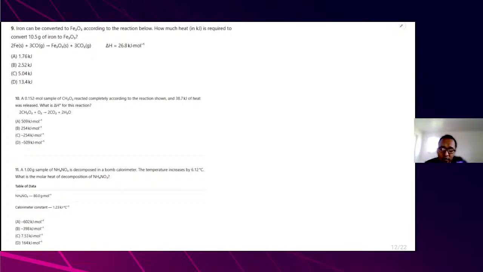Now we use the moles equation and other things from the balanced equation: 2Fe plus 3CO becoming Fe2O3 plus 3CO2.